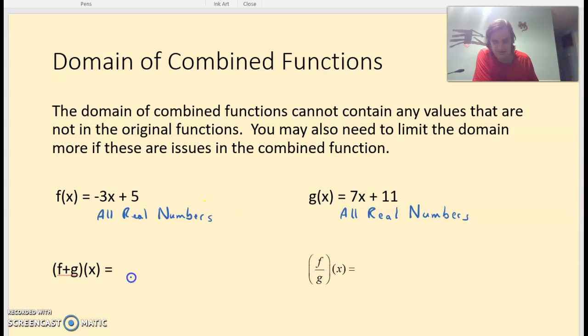And f plus g was 4x plus 16. So everything worked in f, everything worked in g. So I can look at f plus g and see that it's still just a straight line. All real numbers work here.